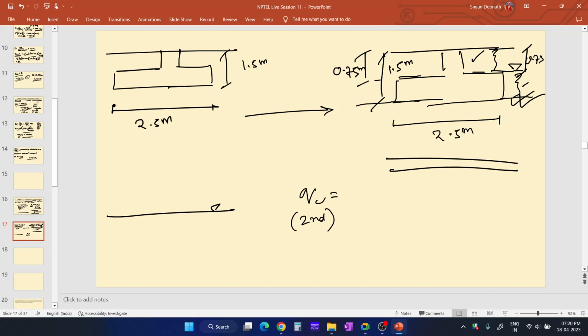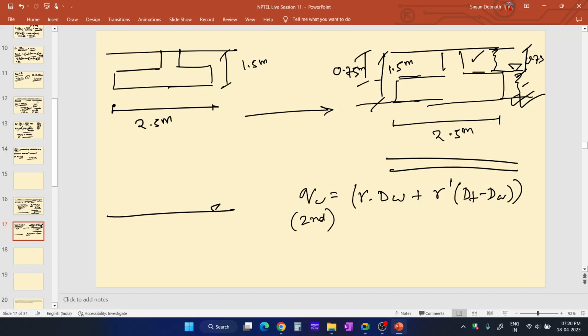So let me write it like this. It will be gamma into dw plus gamma sat into (df minus dw).